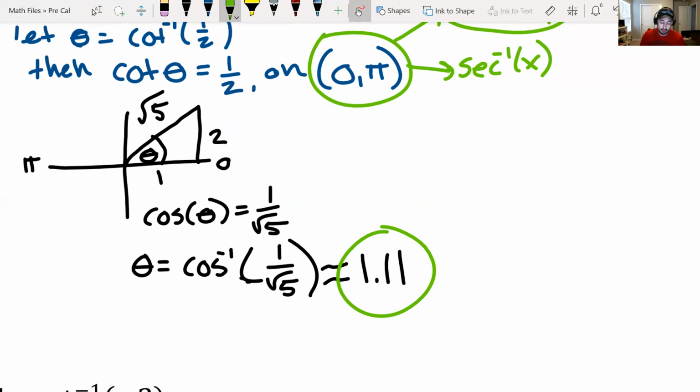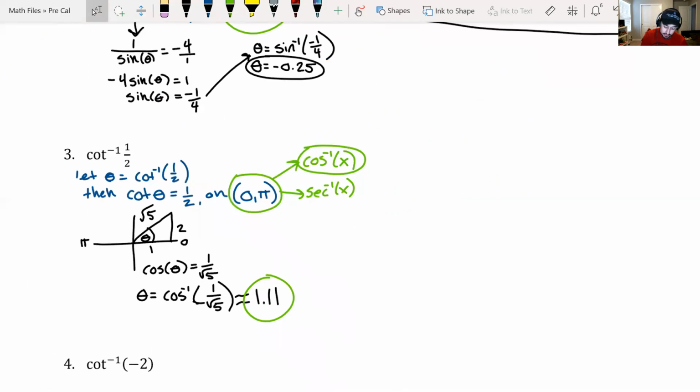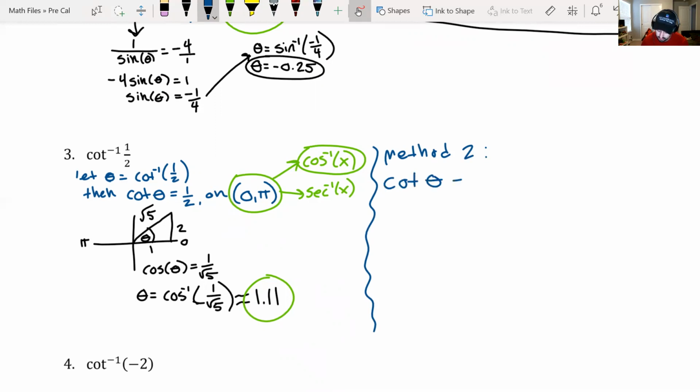Okay, so here is option 2. Here's method 2. I'll separate all this. Method 2. Okay, so here we're starting out again at cotangent theta equals 1/2 on 0 to pi.